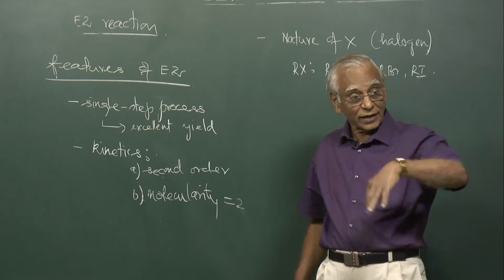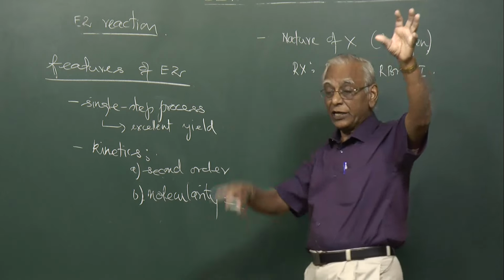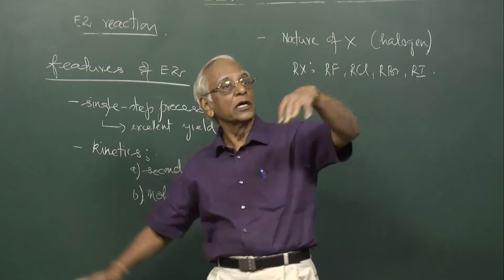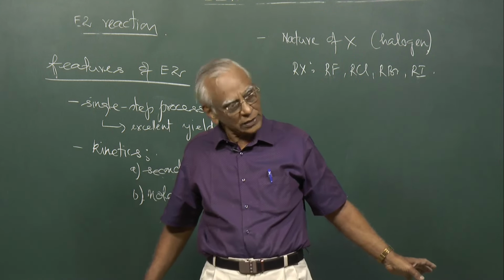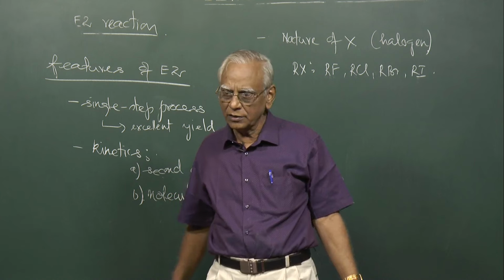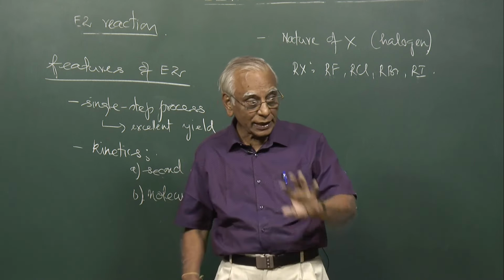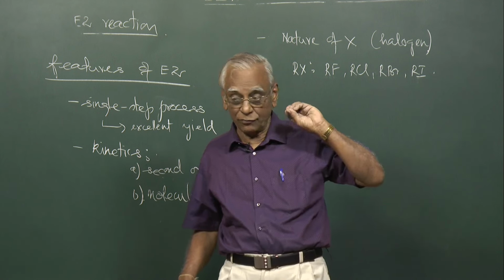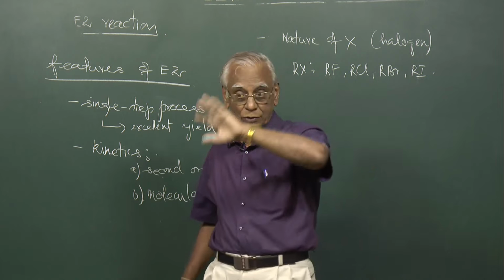Of course, there are reactions where, in spite of it, the beta hydrogen atom could be acidic. Now, assuming that fluoride also goes and hydrogen also goes by E2 mechanism, single step process, we have such reactions. I will come back to that. But generally, it allows the substrate to be converted into carbanion. It goes by a different route.